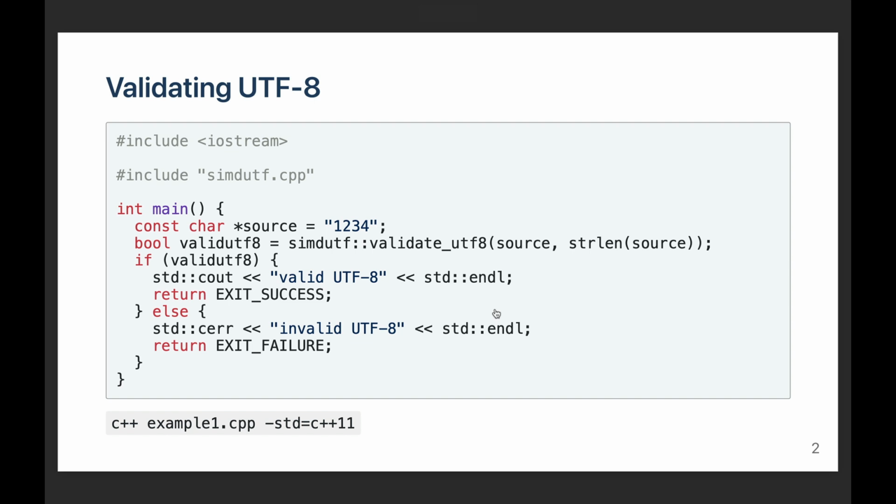In C++, we have namespaces that distinguish your functions from the functions of a library. Then I've got this simple function called validate_utf8, which takes a pointer to a char followed by a length parameter. And then I'm ready to go. I get back a boolean that tells me whether this is valid UTF-8 or not. This function is super fast and it should run at up to tens of gigabytes per second.